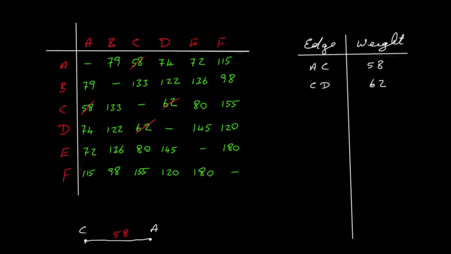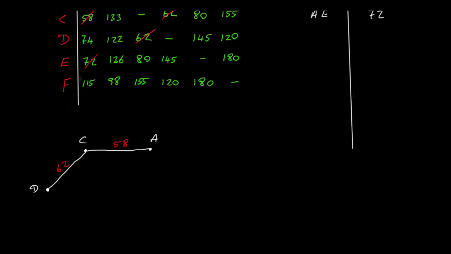Okay, next one then is actually 72, I think it is. So 72 is here. Should be another one here. So 72, and that's from A to E. From A to E. That's 72. So let's draw that one. So from A to E, let's draw that down here.